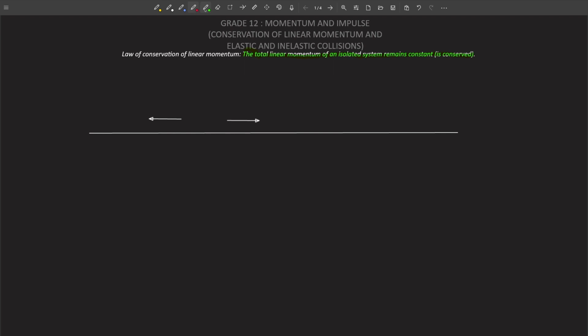What do they mean by remains constant? You should think of it as constant before and after collision or before and after release. If it's a situation similar to a gun, it would be before the release of the bullet and after the release of the bullet. If it's cars colliding, it will be before those cars collided and after they have collided.